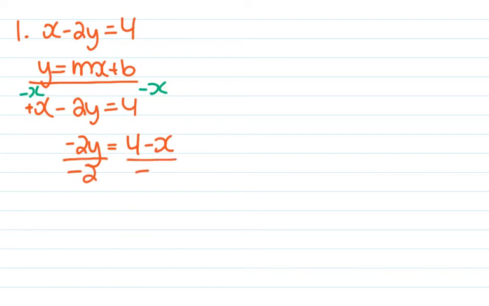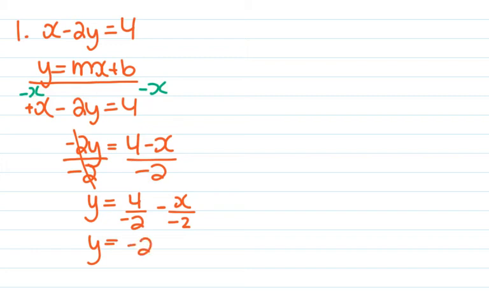Divide both sides by -2. Y equals 4 over -2 minus x over -2. So 4 divided by -2 is -2. And then minus x over -2 is the same as plus x over 2, which there's really a 1 in front of, so this is 1/2 x.